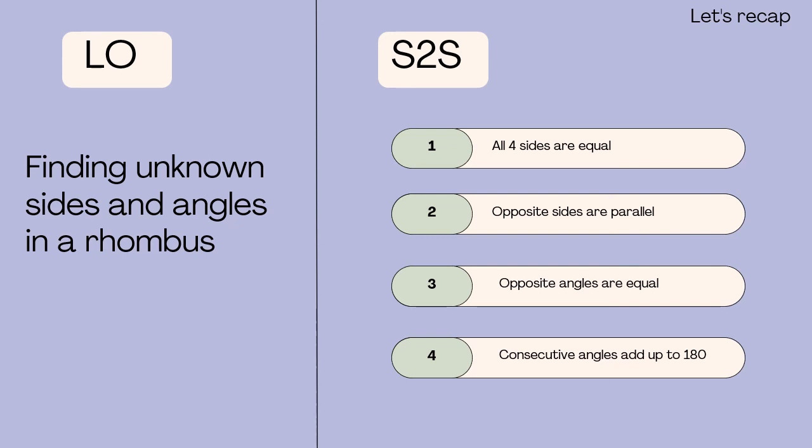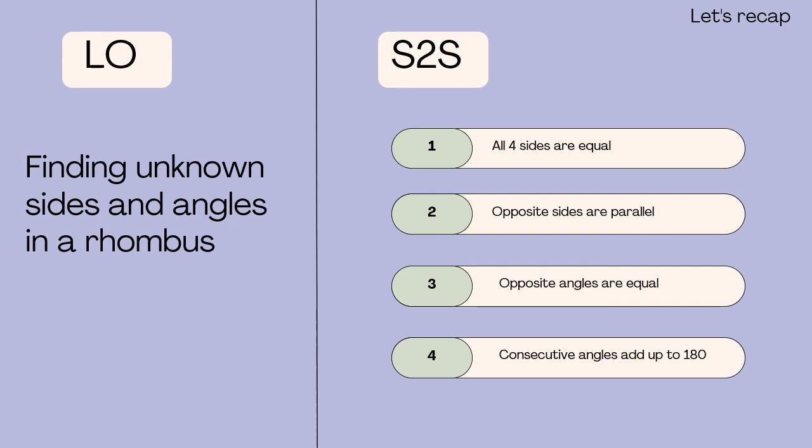Let's just quickly recap our learning objective and steps to success for today. Today we are finding unknown sides and angles in a rhombus. Our step to success is recalling the properties of a rhombus. The first one, we should know that all sides are equal.